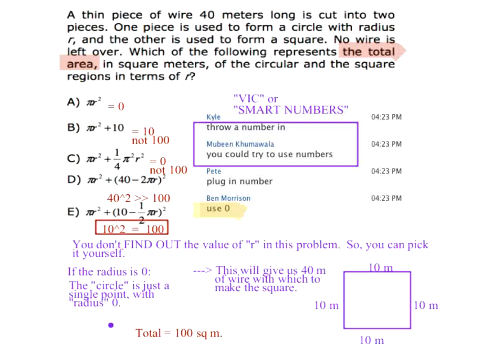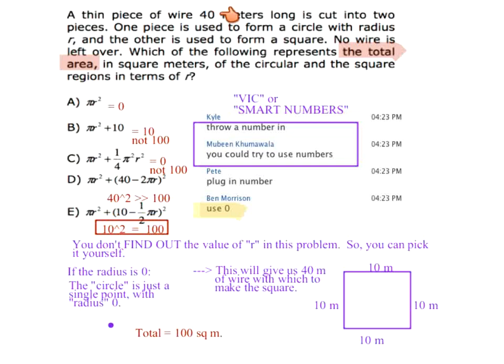What's interesting about picking a number like 0 is that you do have this huge possibility of coincidence. But here that didn't even happen. You plugged in the nicest number you could think of, and you still got one correct answer. So, Jason, it would work if you did that. It would just, the numbers would not be as nice. Like if you picked R as 2, then you'd have a circle that would be 4 pi meters.